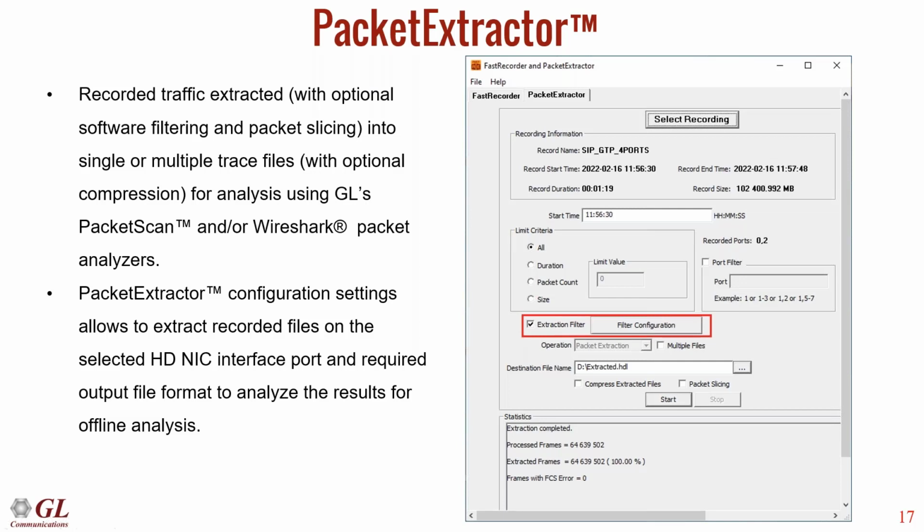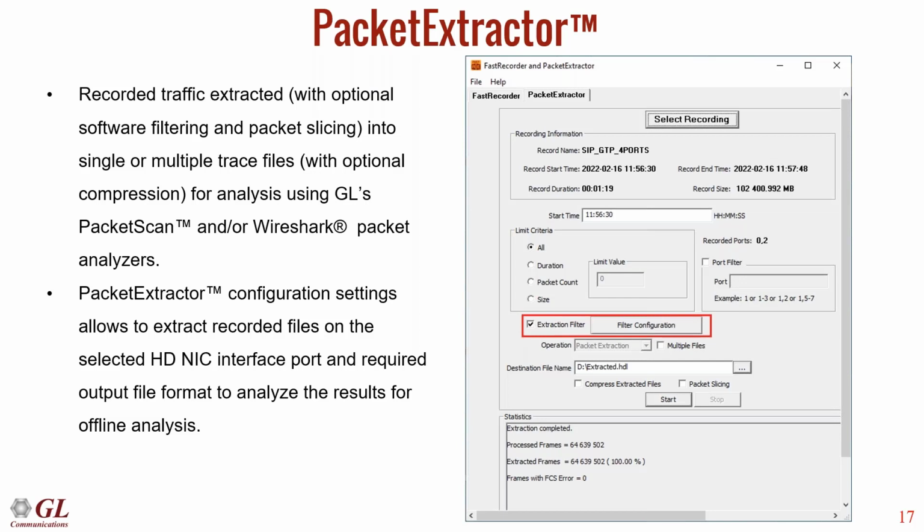It'll tell you when the recording started, when it ended, the size of that recording, and then in the extraction criteria there, you can define how much of the recording you want to extract. You can do this based on a duration, from the start time that you put in that box there. So let's say you start from the beginning of the recording, you can define, based on the duration, how much of the recording you want to extract.